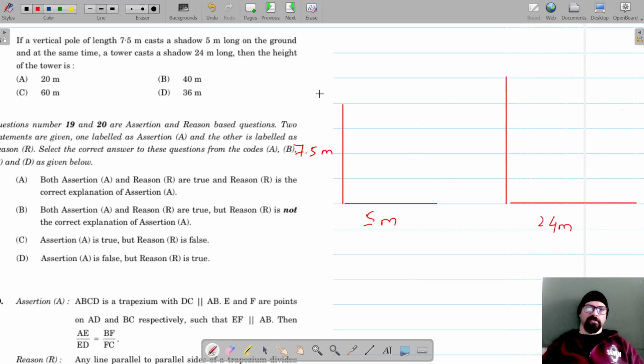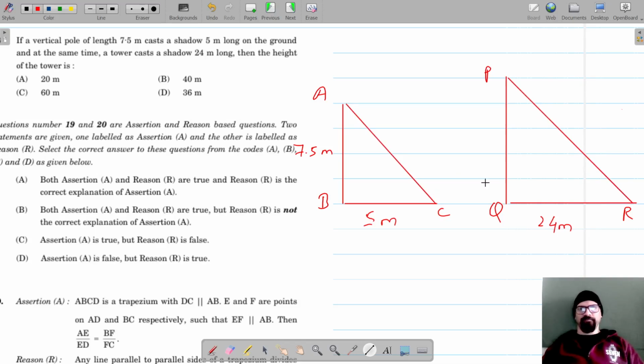So let's say this is the height of the pole AB and BC its shadow, and PQ the height of the tower and QR its shadow. So if I join these, these will be the angles made by the sun.